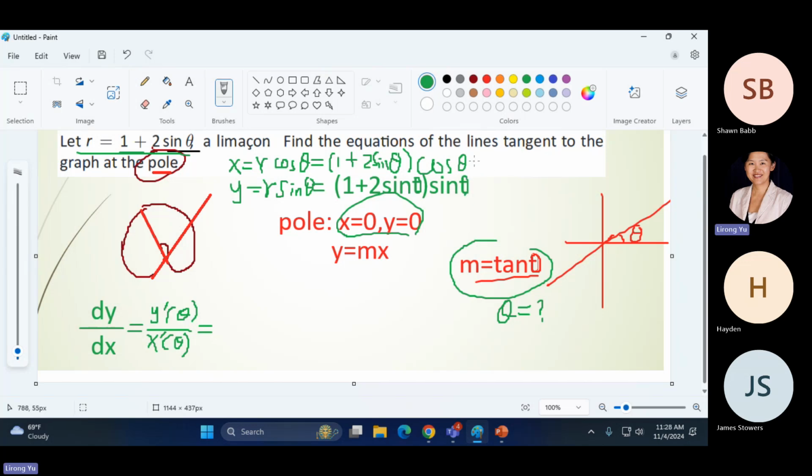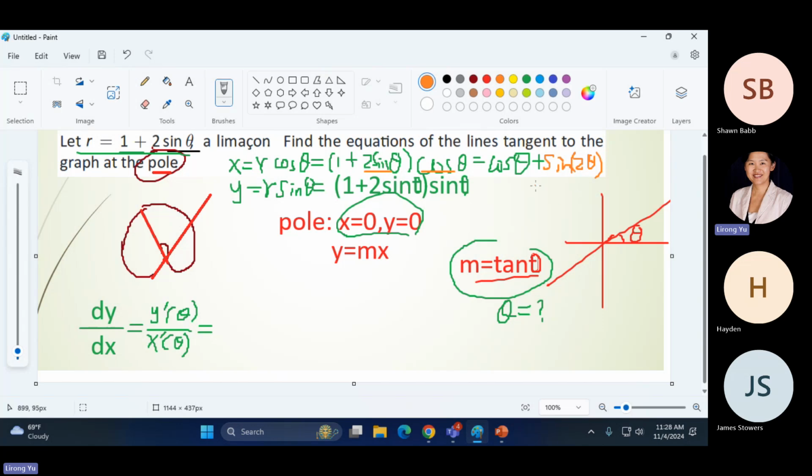Anyway, this is looking like 1 times cosine theta. I'm supposed to find the derivative, so I'm trying to simplify the x and then simplify the y to get ready for the differentiation. That's going to be cosine theta plus 2 sine theta cosine theta. When you multiply all together, this is actually sine 2 theta, double angle formula.